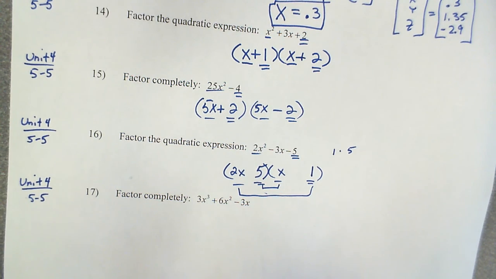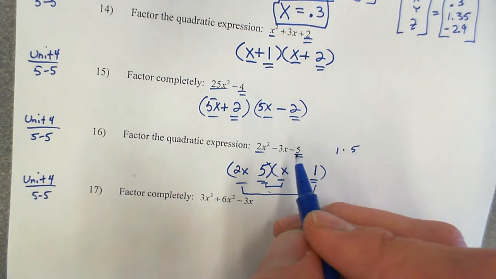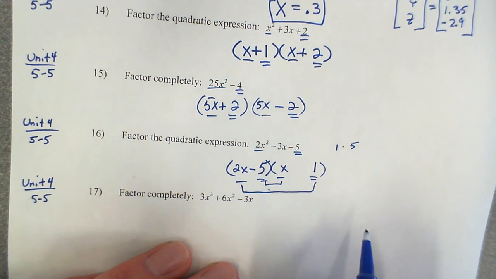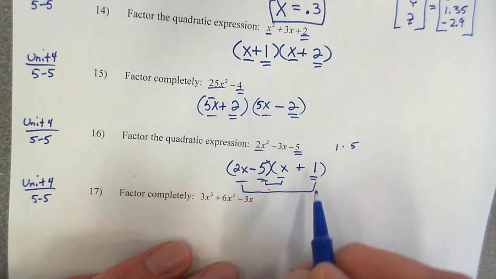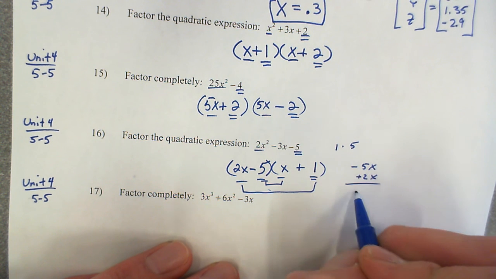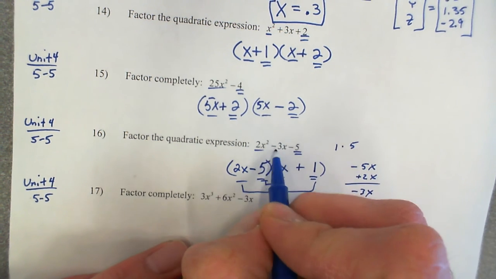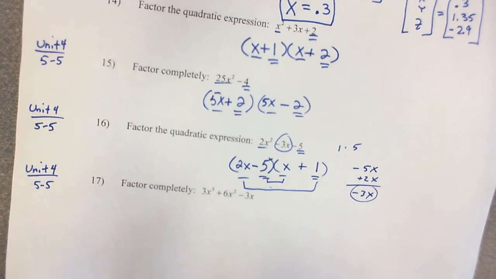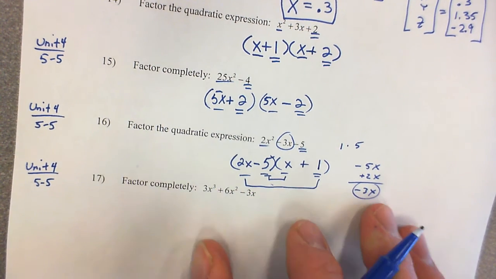Hey, we can get a 3x out of that. Actually we can get a negative 3x out of that if the 5 was negative 5x and this was a positive 2x, because negative 5x and positive 2x combined together get you negative 3x, and that's the correct middle term. Okay? So there's your factoring on that one.